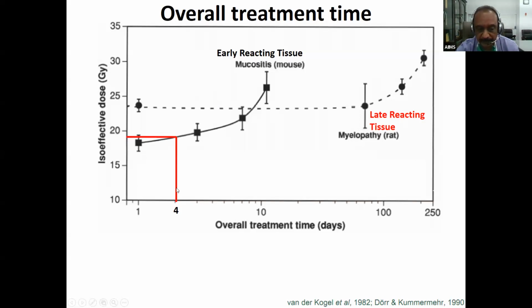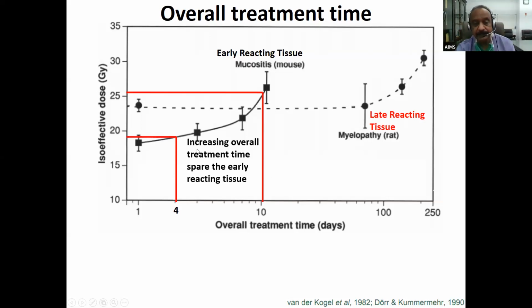If you prolong your treatment from 4 days to 10 days time, then for grade 2 mucositis, you have to deliver 25 gray, which means that if you deliver 20 gray in 10 days time, then there will not be grade 2 mucositis, because for 10 days to have a grade 2 mucositis, you have to deliver 25 gray, while you are delivering 20 gray in 10 days. So there will not be any mucositis. But if you deliver 20 gray in 4 days, definitely there will be some grade 2 mucositis.